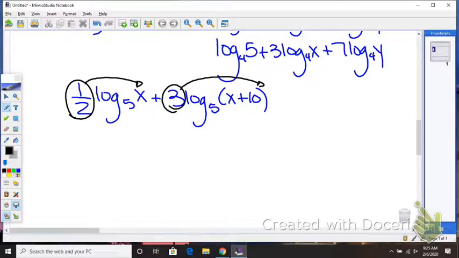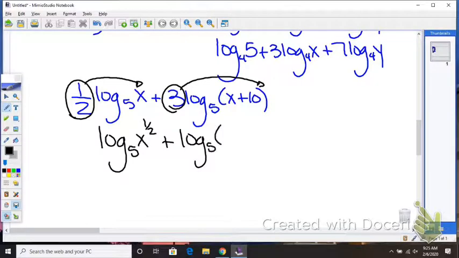Okay, so my first step is I'm going to rewrite this as log base 5 of x to the 1/2 plus log base 5 of x plus 10 all raised to the 3rd power.